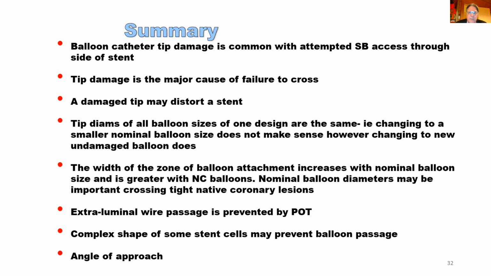The width of the zone of balloon attachment increases with nominal balloon size and with non-compliant balloon material. Extraluminal wire passage is prevented by proximal optimization treatment. The complex shape of some cells may prevent balloon passage, and the angle of approach may be important.